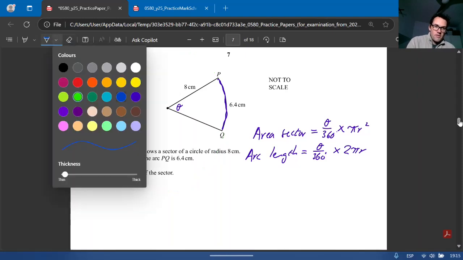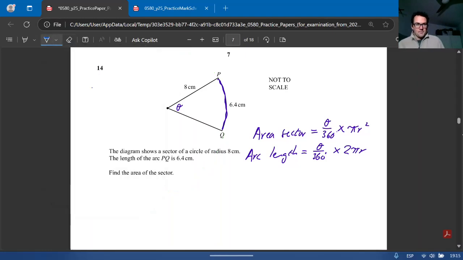So we got this information. Let's see what we can do with it. Diagram shows a sector of a circle of radius 8, the length of the arc, find the area. So, we're going to use this formula, but we don't have that angle. We got the radius. We know what pi is. It's a button on our calculator.